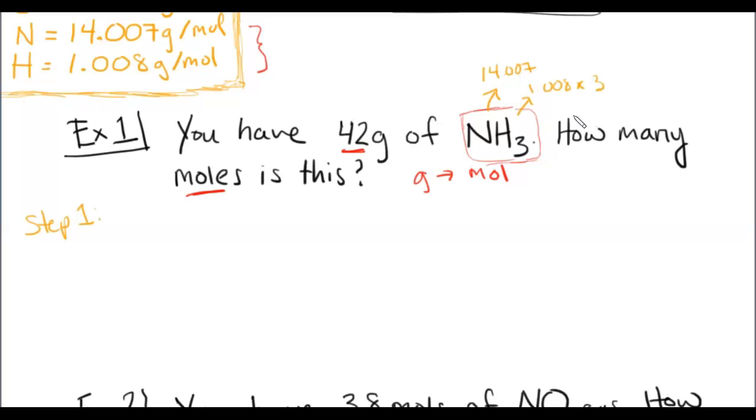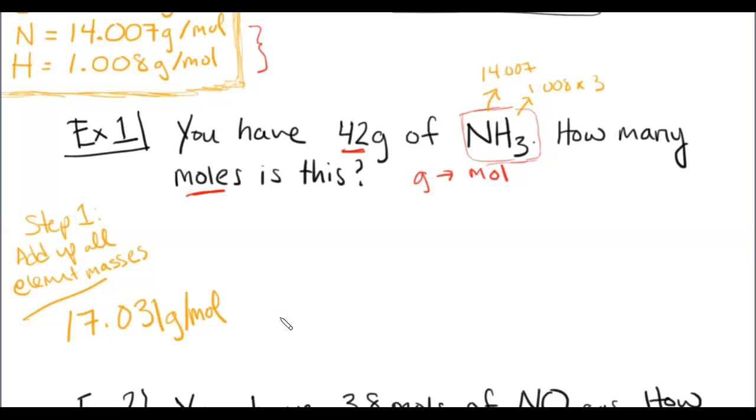When we put all of these numbers into our calculator really quickly, add up all element masses, add up all of the masses, and you're going to get 17.031 grams per mole.